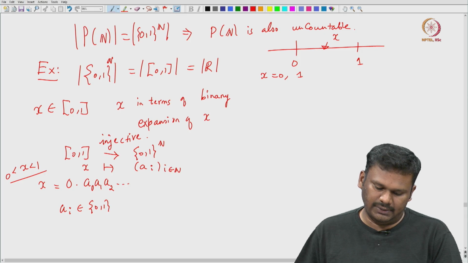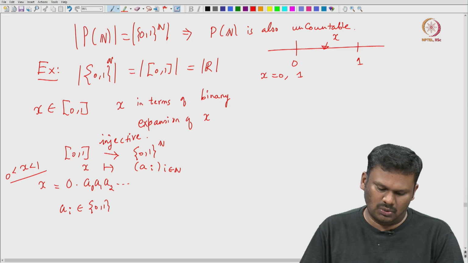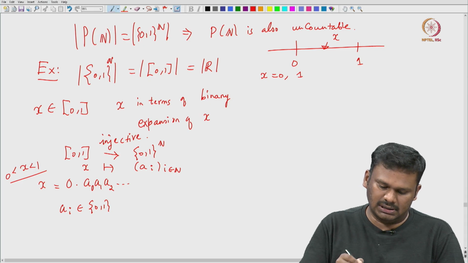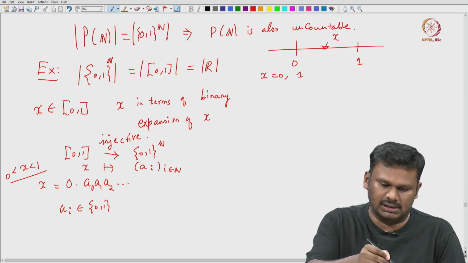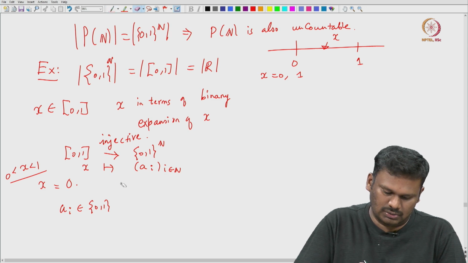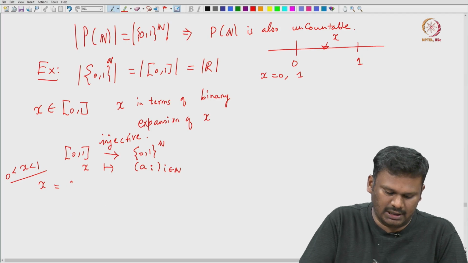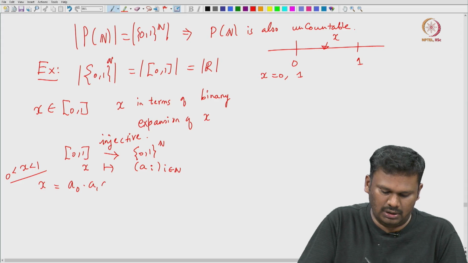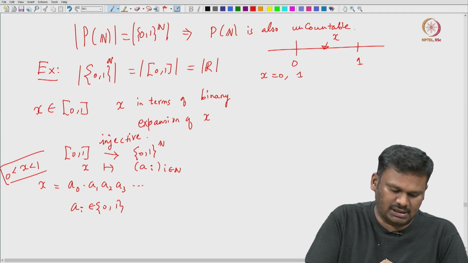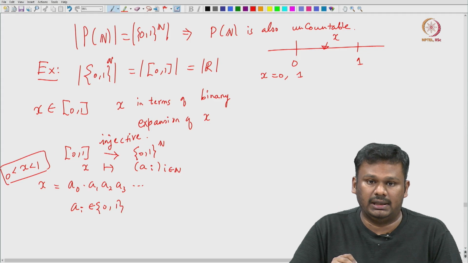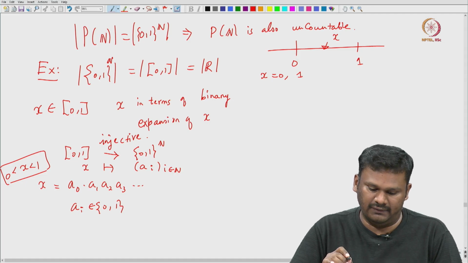Maybe we will treat this as a naught, just to avoid the confusion. So, this is going to be written as a naught dot a 1, a 2, a 3 etcetera. All these a i's will come from 0 comma 1. And when x is actually between 0 and 1, then a naught will be 0 always.